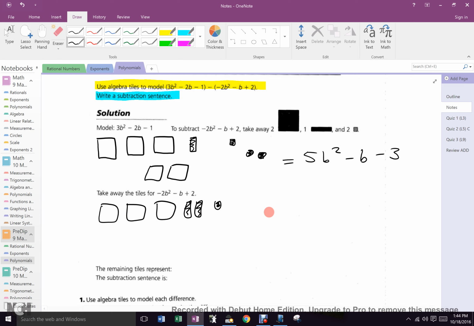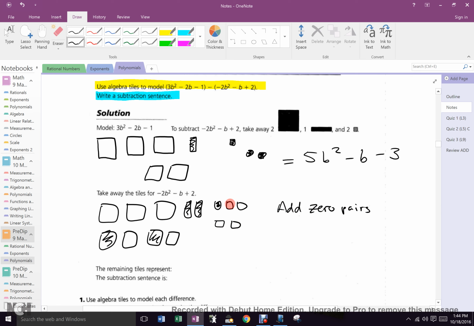So I got to add my 0 pairs, which was 1 pair, 2 pairs. Didn't need it there. Needed it there. Right? Now, take them away. What's being taken away?